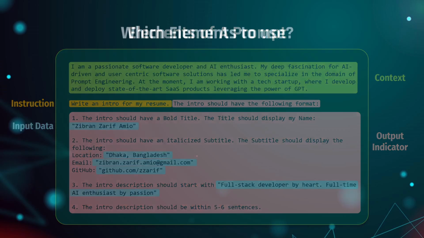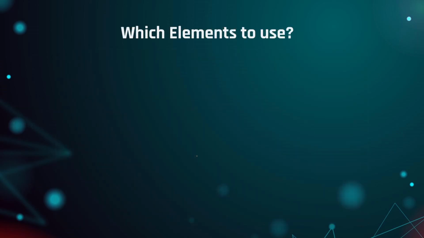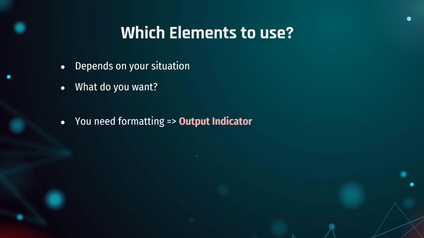So final question, which elements to use? Should we use all 4 of these elements? It really depends on your situation, okay? What do you really want, okay? So other than your instruction, does your output need formatting? Then use output indicator.